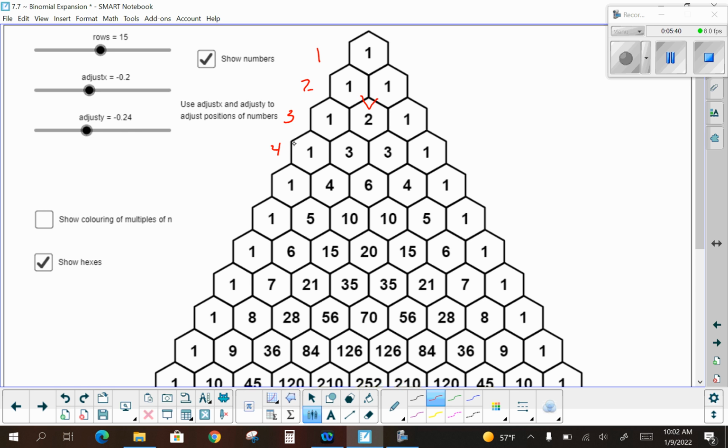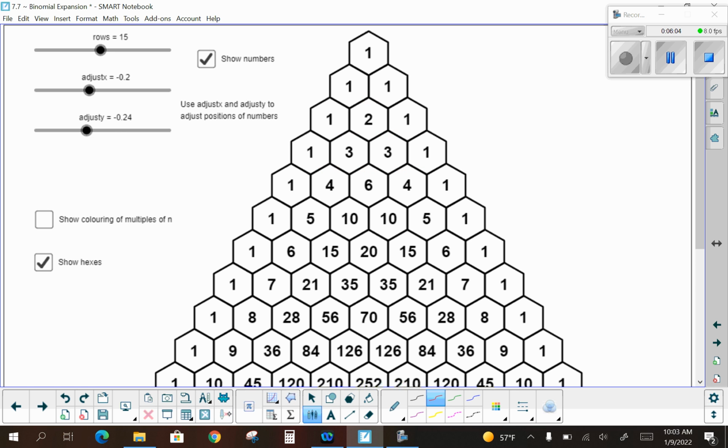To create row 4, you start with a 1, you add, and you finish with a 1. And so for each subsequent row, we just keep adding the numbers from above to create the next line. Again, this is a really simple structure, but it does some really neat stuff for us.